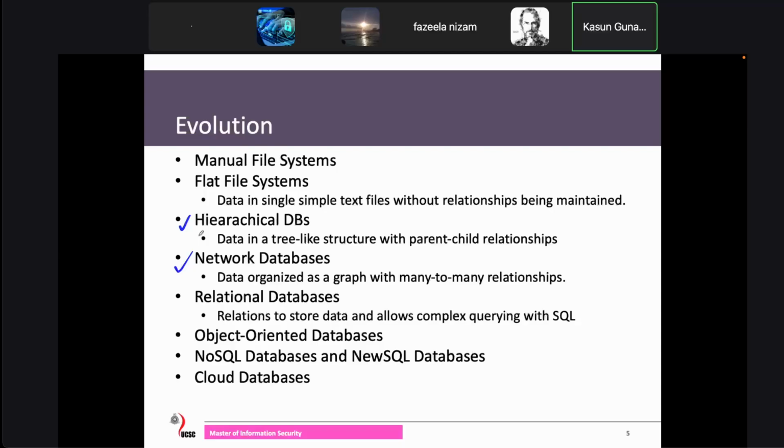This is just to give the idea that the data records are represented as a network of records. So the data is organized as a graph. So many to many relationships, one to many relationships, and all these things can be represented.